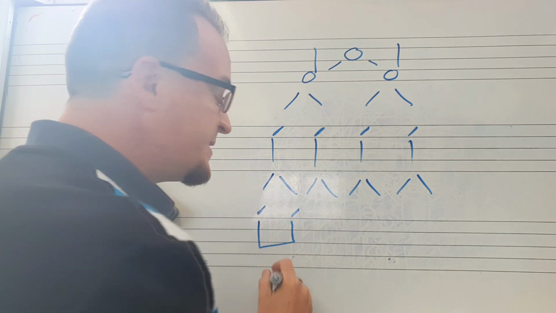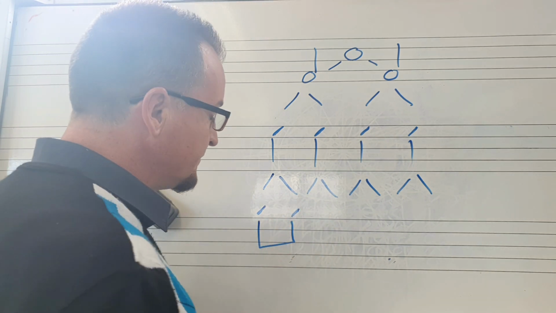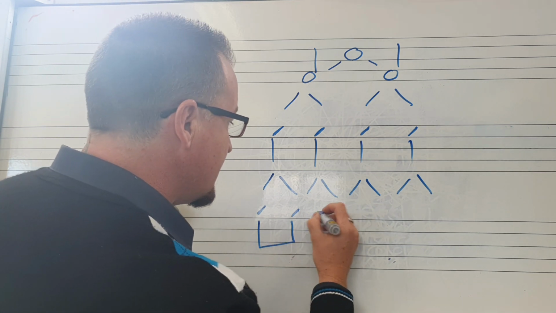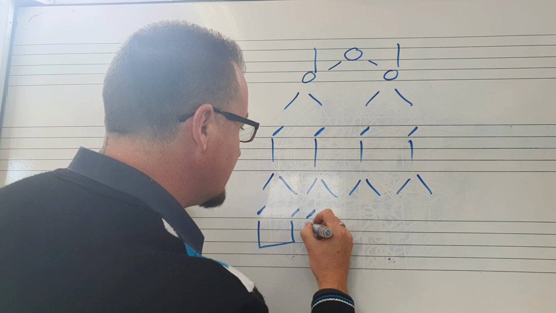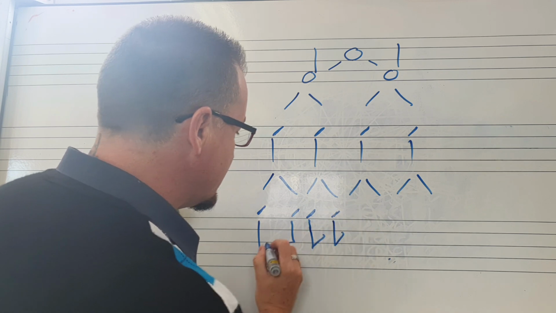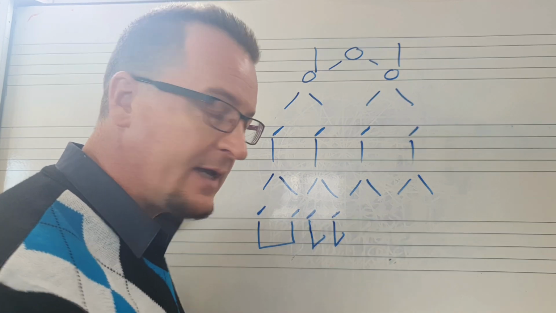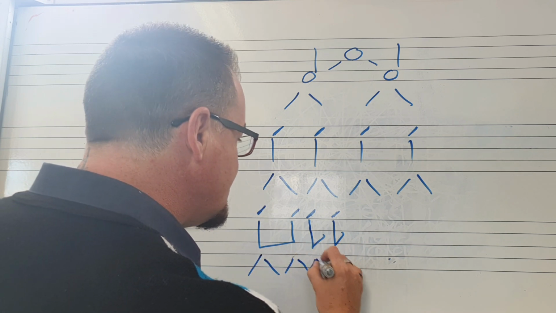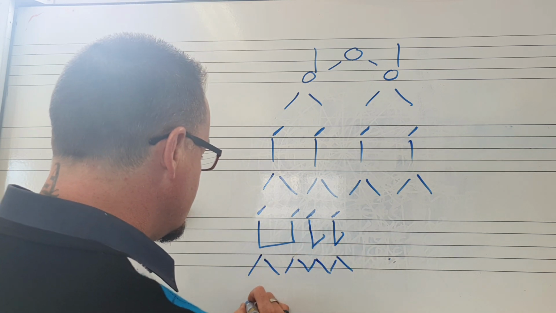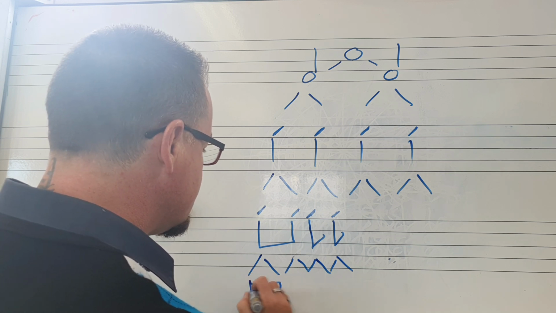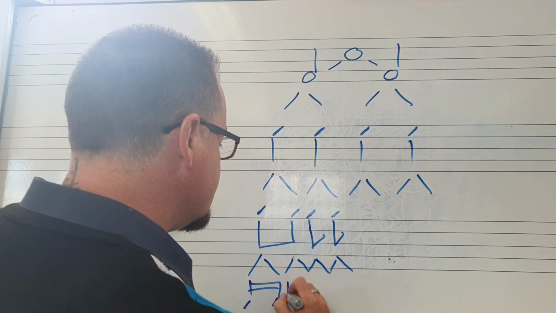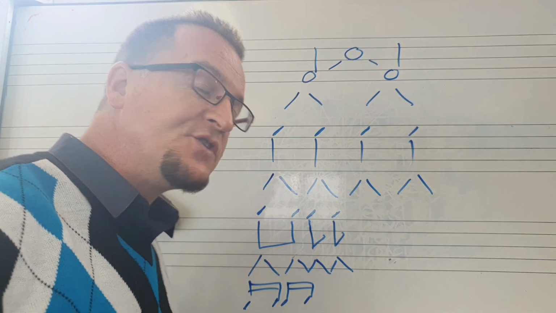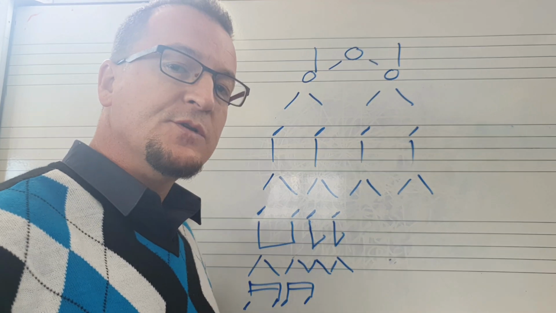So 8th notes and semiquavers, 16th notes, can also be beamed together. They can either have a little flag like that, or they can be beamed together. And then these quavers are dividing up. I won't draw it all out because it's rather tedious. These become 16th notes. And that gives you the duration of how long a note should be played.